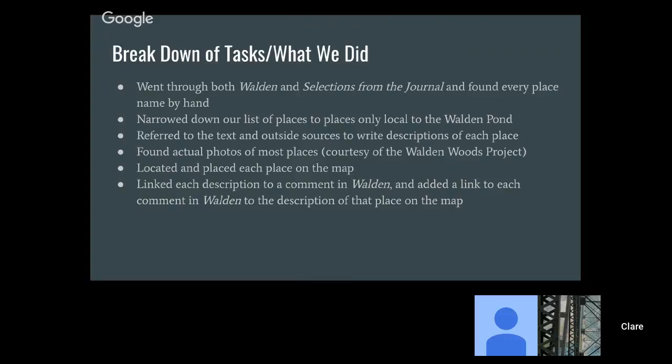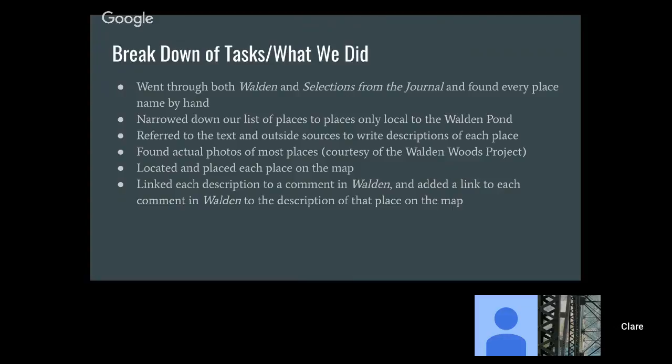Then we had to refer to the text and some outside sources to write descriptions of every place to put into the map. We used a lot of quotations from the text and some outside sources to acquire geographic information as well. Then we found actual photos of most places, and a lot of them were courtesy of the Walden Woods Project.